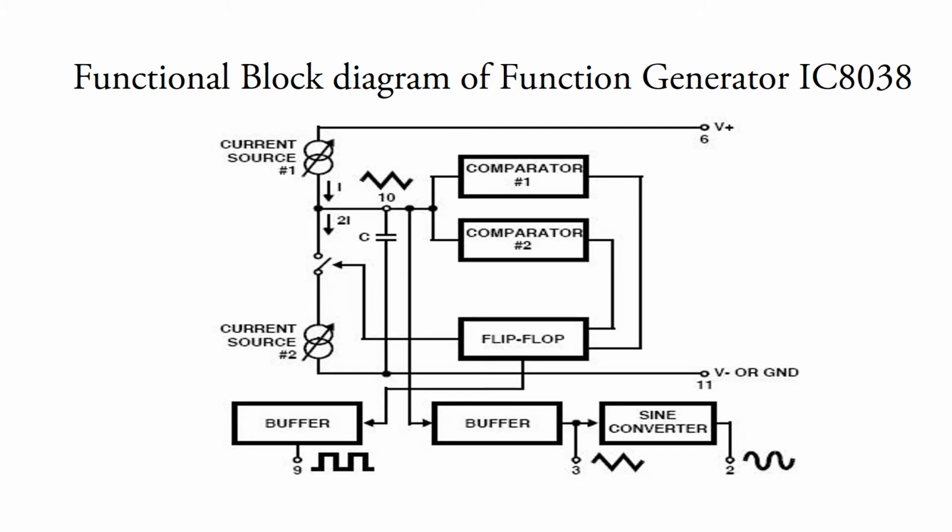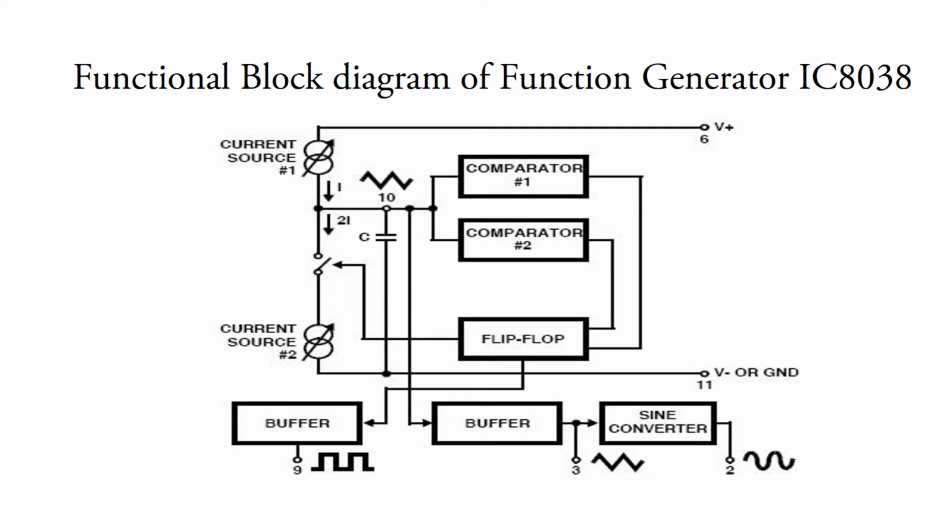In that case, as current source 1 is continuously on, the capacitor starts charging towards VCC. Once the voltage across the capacitor reaches the level of comparator 1, that is 2 by 3 VCC, comparator 1 changes its state.